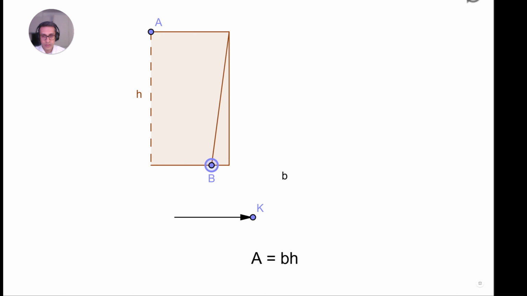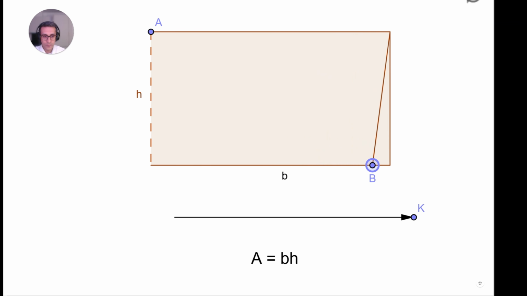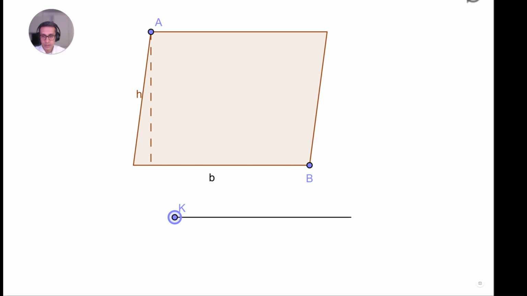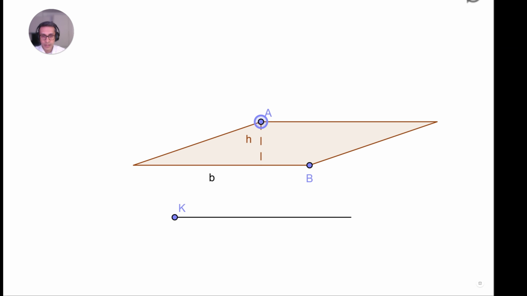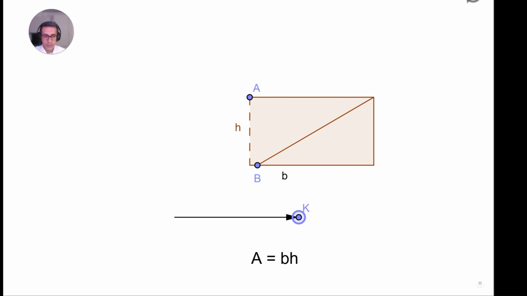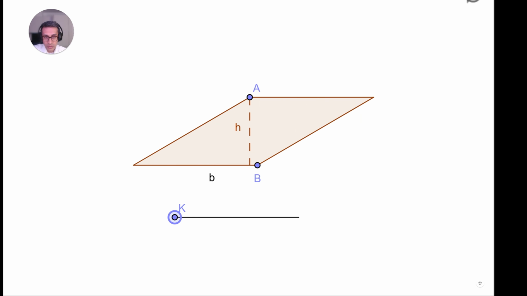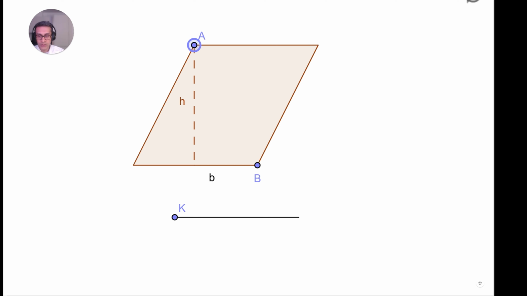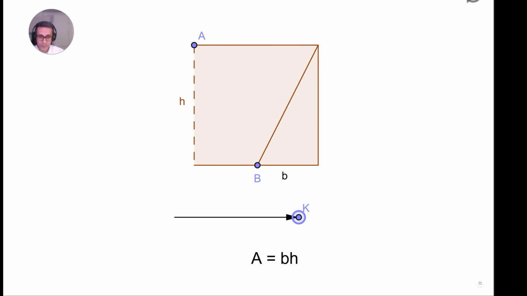So again, this is just another example here of where if I exaggerate the length a bit or the angle and I can drag this along, you will just get a rectangle. So this is showing us that the area of a parallelogram is perpendicular height times the base length.